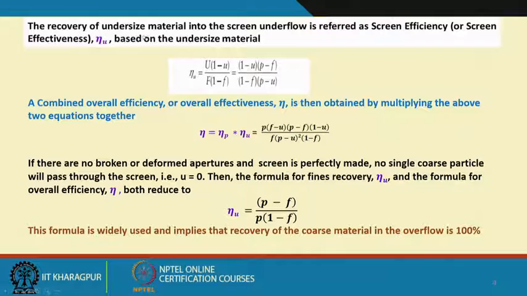So, the recovery of undersized material into the screen underflow is referred to as screen efficiency or screen effectiveness based on the undersized material, eta u.